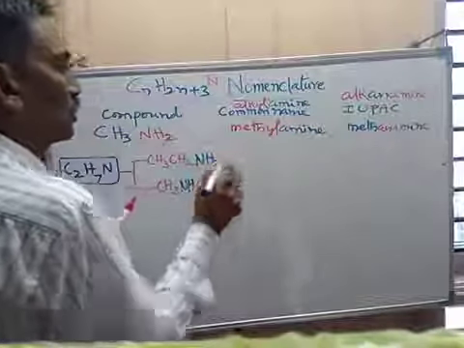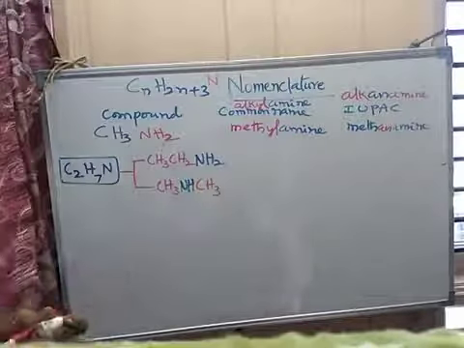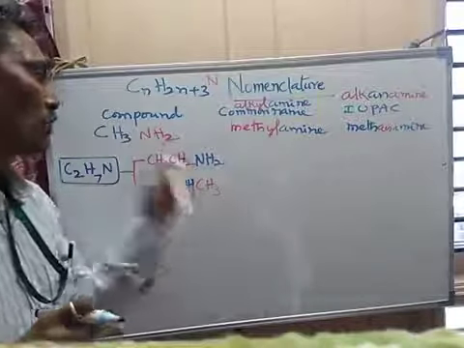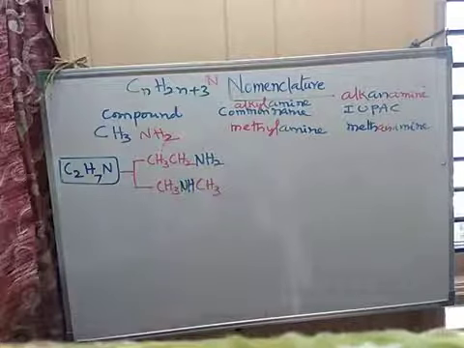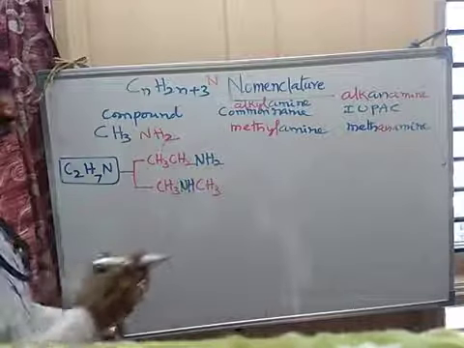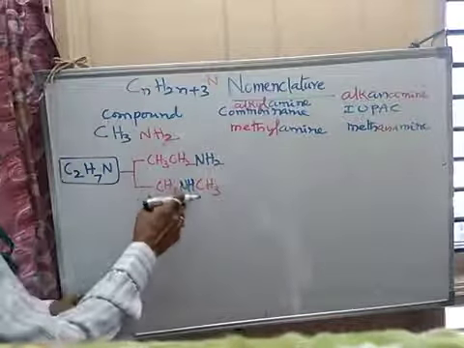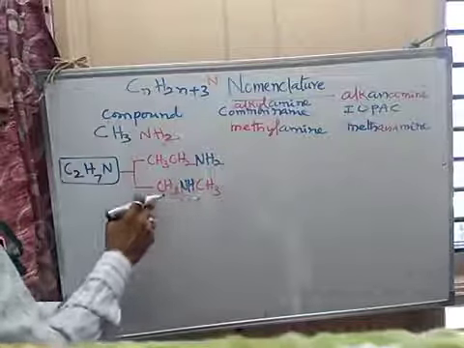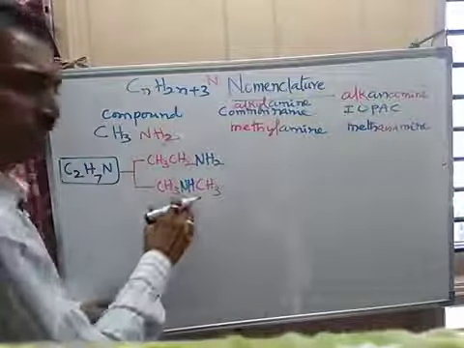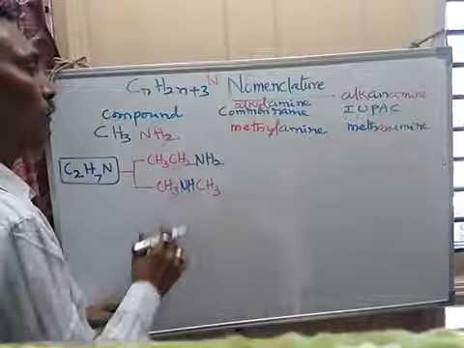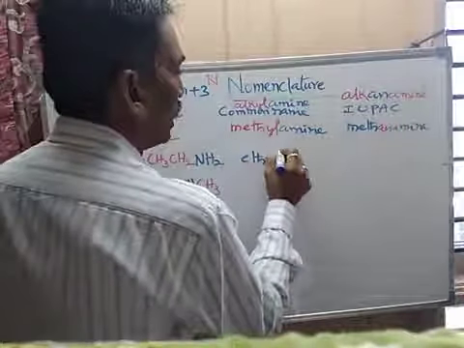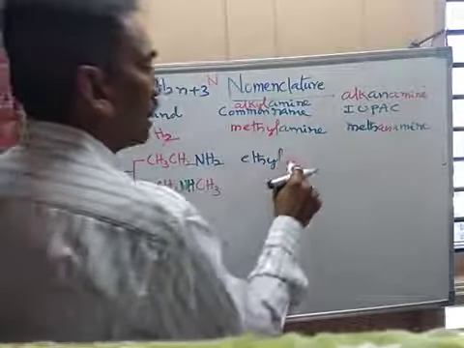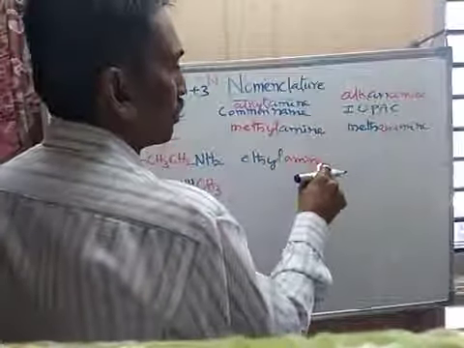Yes, if NH2 is present, recall the previous knowledge we gained, that is a primary amine. If NH is present and two alkyl groups are attached, that is also an observation, not simply blind guessing. NH with two alkyl groups, this is an indirect observation, a secondary amine. Now come to C2H5, which is given by ethyl, and the suffix is amine.